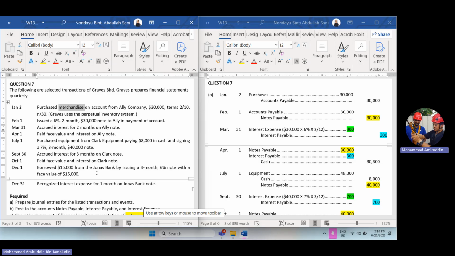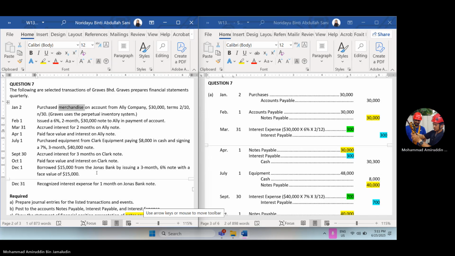You only have purchases if you buy stock. If you sell merchandise, it's not credit goods account, not credit inventory account. It should be credit your sales account. If you have goods returned from your customer, return inwards. If the business returns goods to the supplier, return outwards. I don't have this debit inventory, credit inventory anymore.